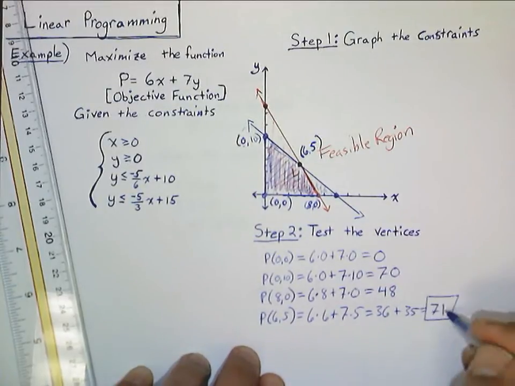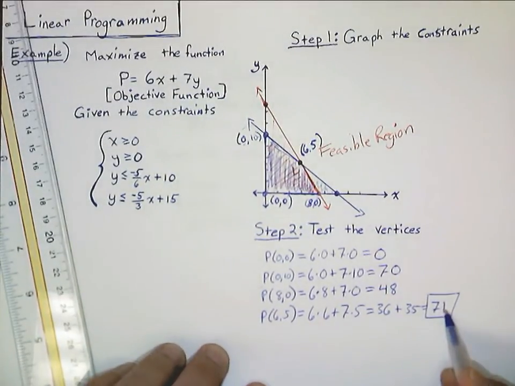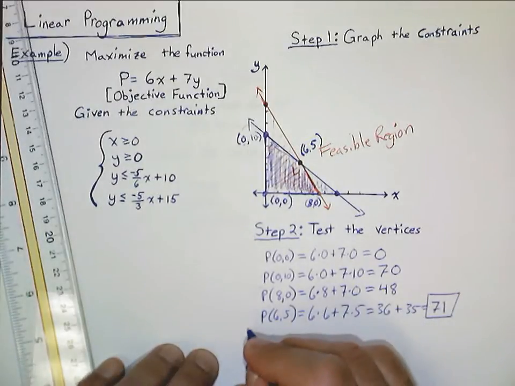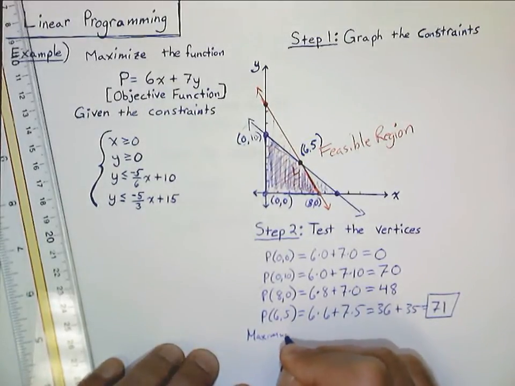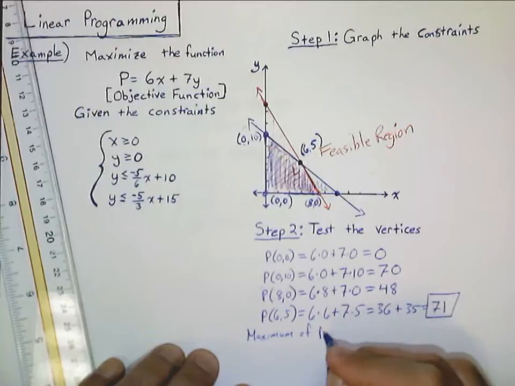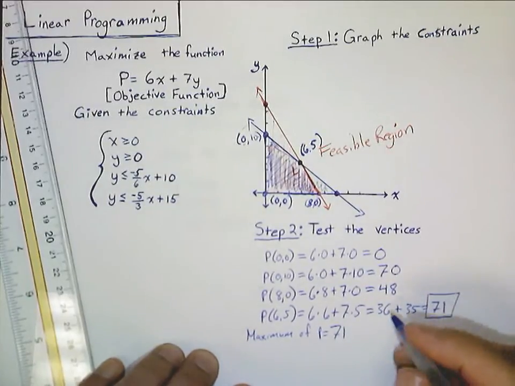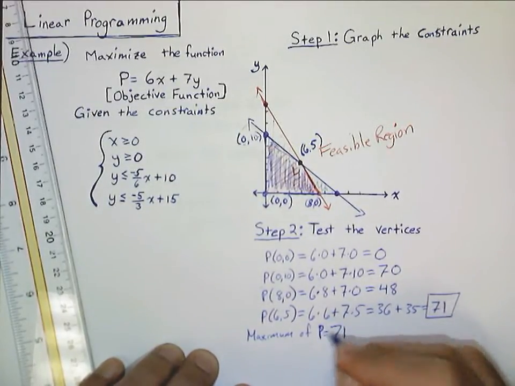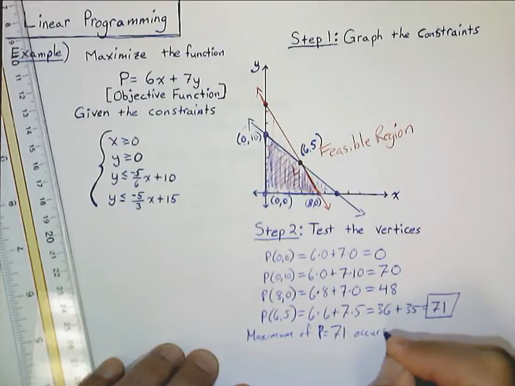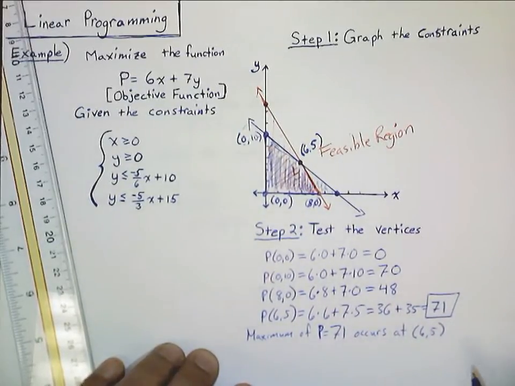It's the biggest of these p's. That has to be the maximum. So the maximum of p equals 71 occurs at the point (6, 5). So when x is 6 and y is 5, we get the maximum value of p being 71.